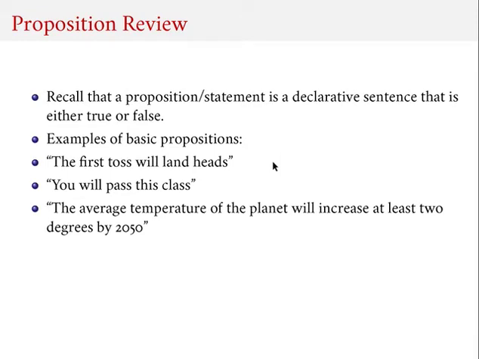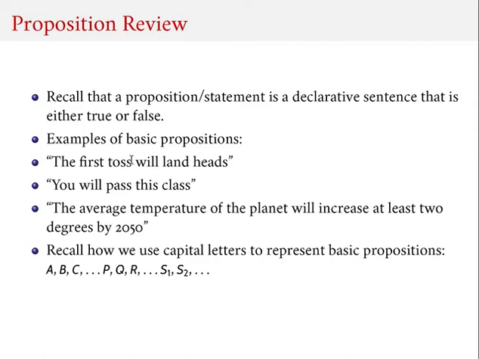Or we can talk about more scientific examples. So here's another basic sentence for us. For instance, the average temperature of the planet will increase at least 2 degrees by 2050. So these are all the kinds of basic claims of natural language that are either true or false. And these are exactly the kind of basic claims that we use capital letters in our formal language from the last unit to represent.